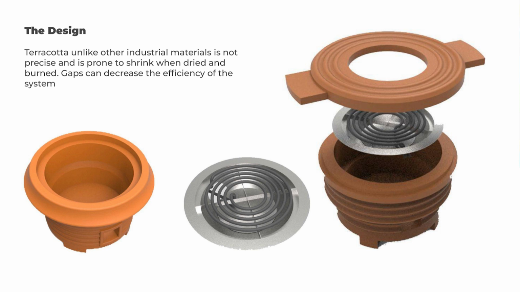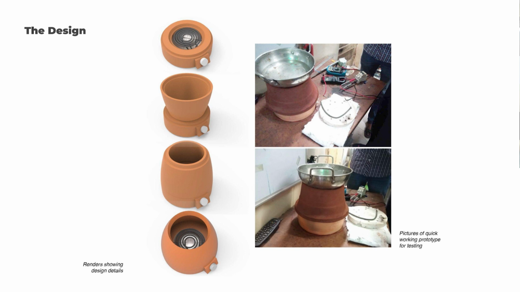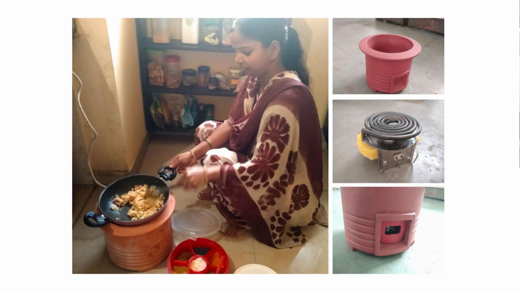So right now, we have designed a double layered terracotta stove, with a layer of air in between, which will increase the insulation capacity. We are also making multiple models to check what height would be suitable, so that convection and conduction can both happen efficiently.